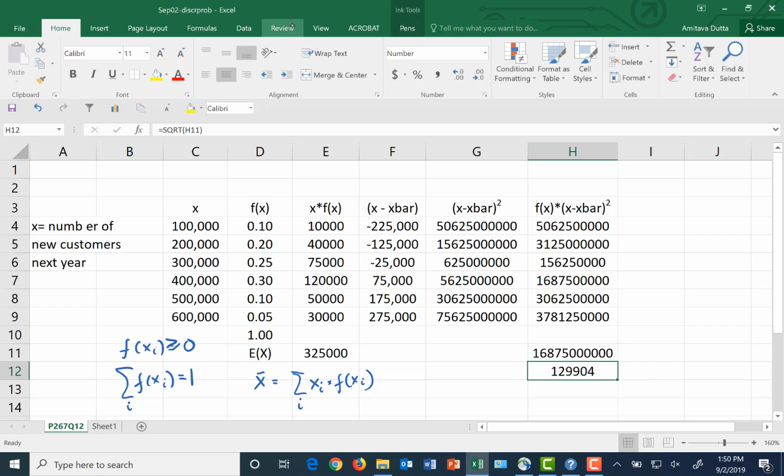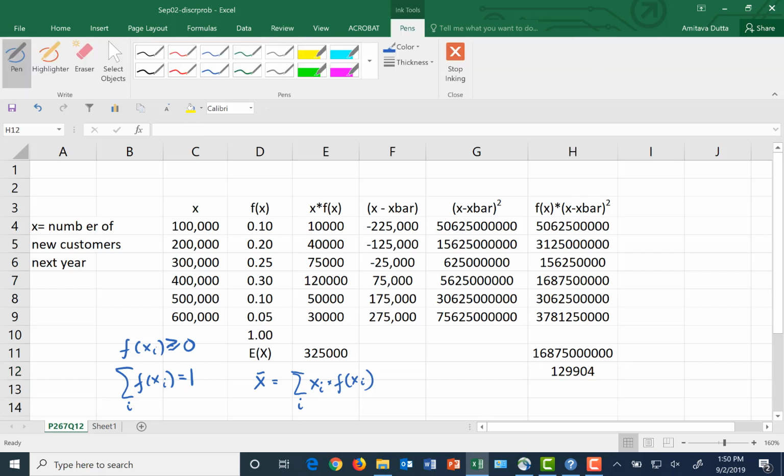So let me write the formula for the standard deviation. This is the standard deviation, which we can represent by the letter S or the letter sigma. And remember, we have two letters to represent the mean also, so it doesn't matter which symbol I use. So S is equal to, what did we do?